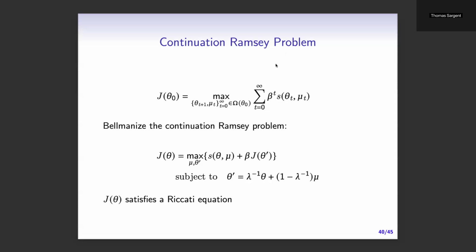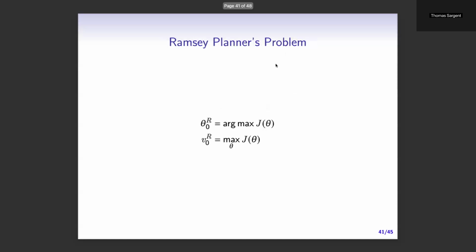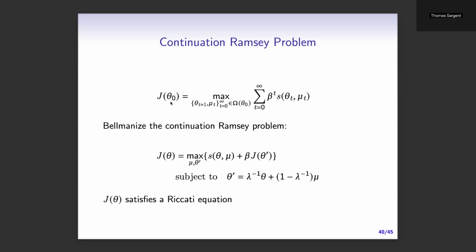So the Ramsey problem is going to be this: at time zero, the Ramsey planner's problem is this: he or she has to find a theta zero that he chooses to hand to the time zero continuation Ramsey planner. So for the Ramsey planner, theta zero here is not a state, because he gets to choose that.